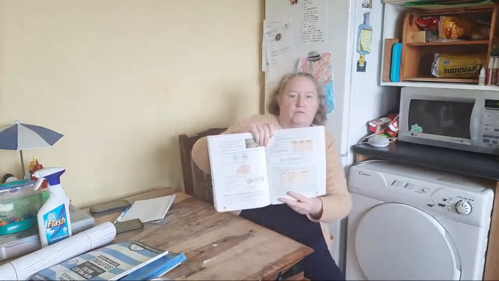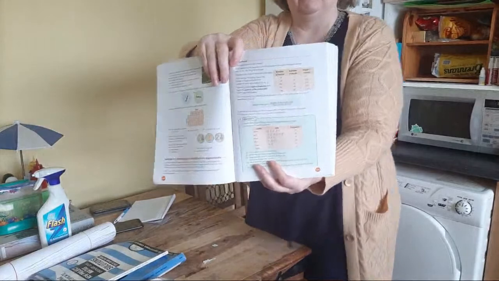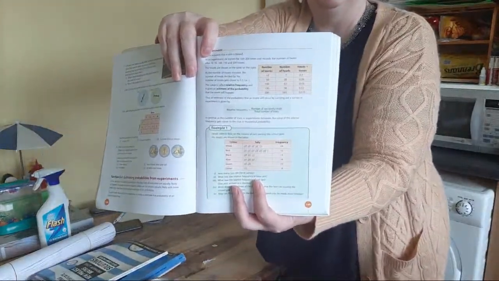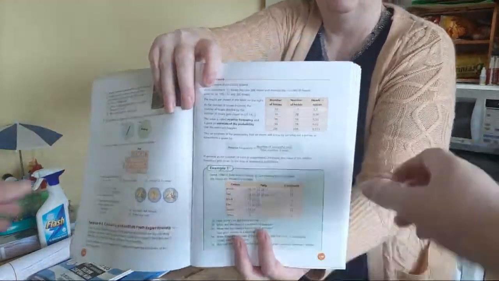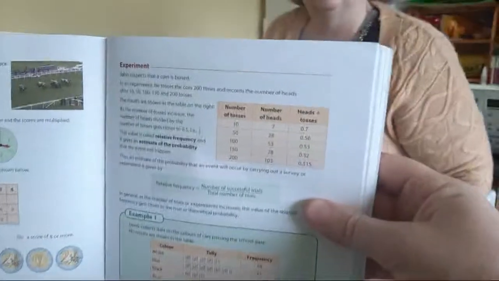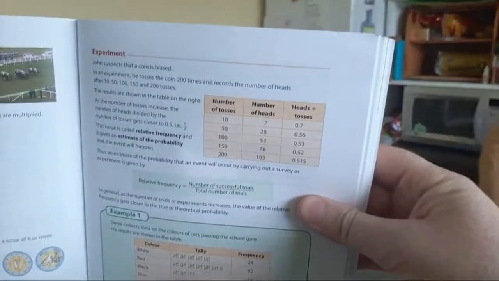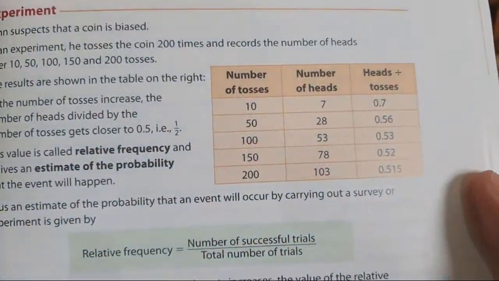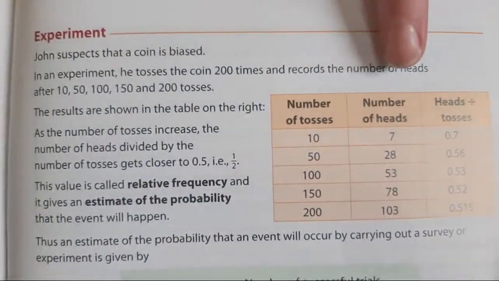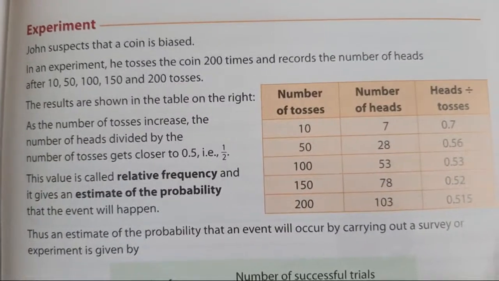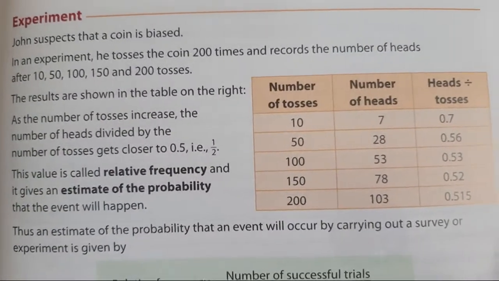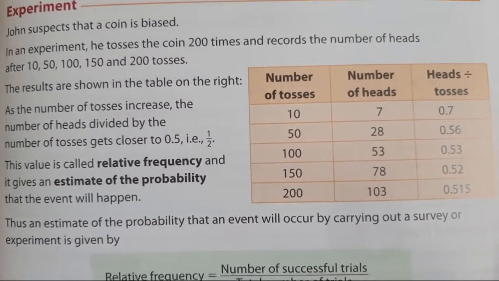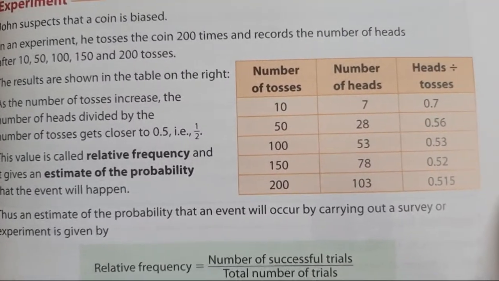Now I'm just going to show you this example here. Okay, so you see there, we had the number of tosses 10 and you got the number of heads of 7, and then your heads divided by your tosses gives you the probability of how many heads are coming up.